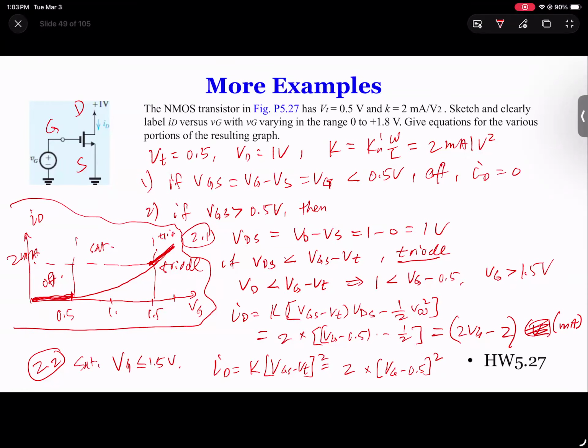Okay, yeah, you're right. It looks like there's some inconsistency. They should connect at that point. I'll check on this later. Some math we didn't do right.